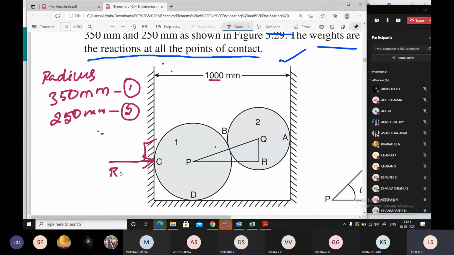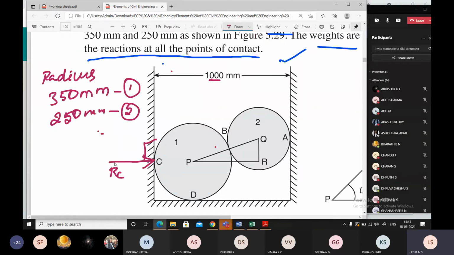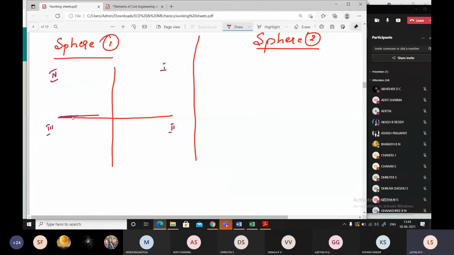So this is RC. Where should I write it? Third quadrant, ma'am. No, why third quadrant? It is horizontal, student. Is it inclined or horizontal? Horizontal. It will pass through the x-axis.